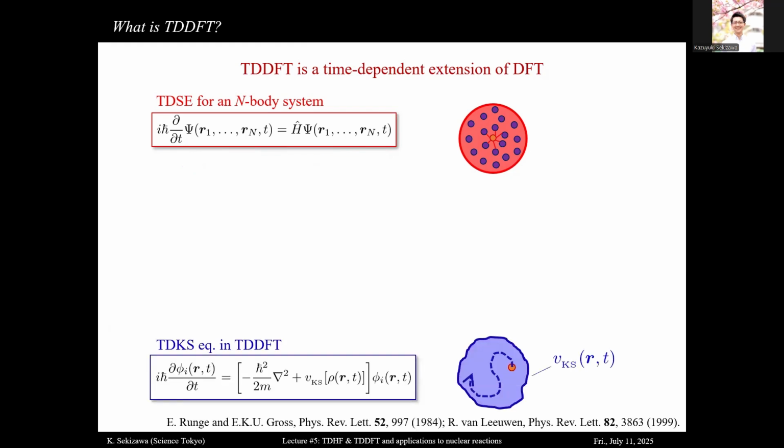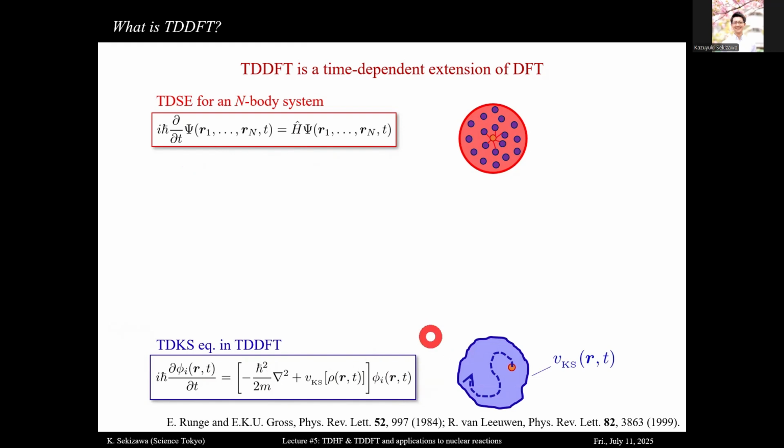Okay, but it is impossible to solve in practice. So what we solve actually is the time-dependent Kohn-Sham equation, TDKS. Okay, so it is again very similar to TDHF. Or this is just a time-dependent extension of the Kohn-Sham equation.